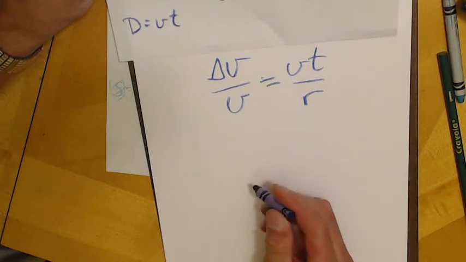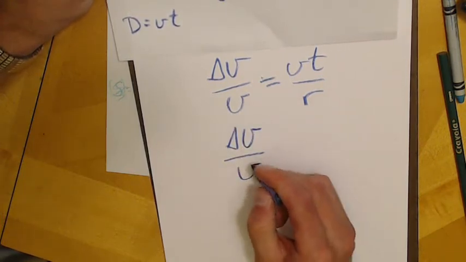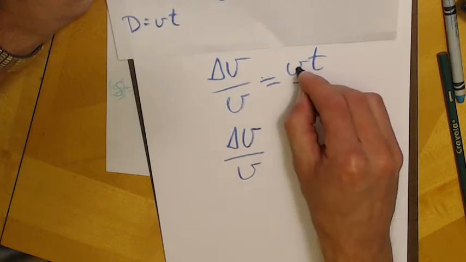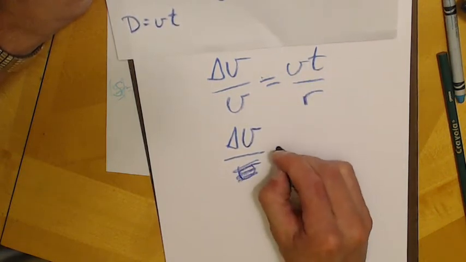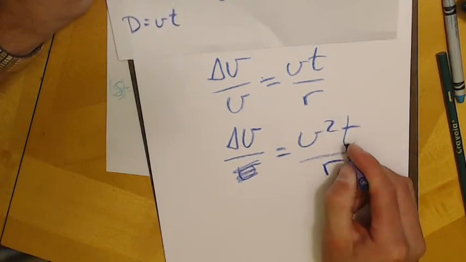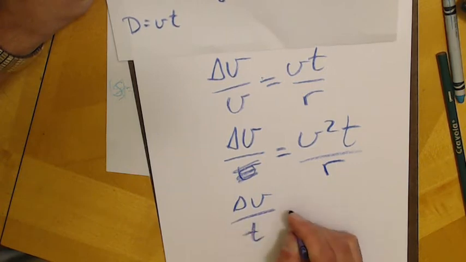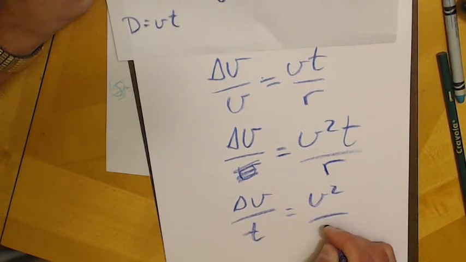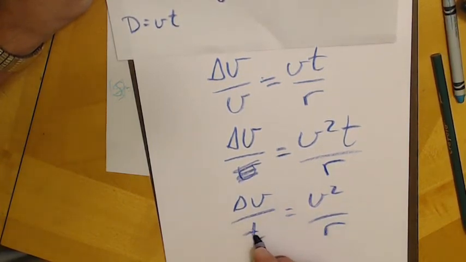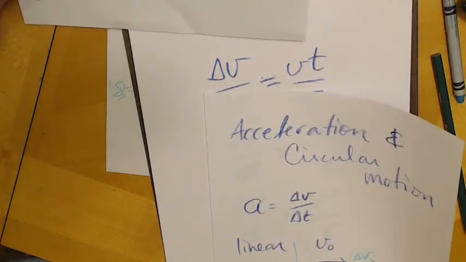So I'm going to do a little bit of magic here. Delta V over V, I'm going to put the V up there: delta V equals V squared t over R. Put this t over here: delta V over t equals V squared over R. Delta V over t is also known as acceleration.